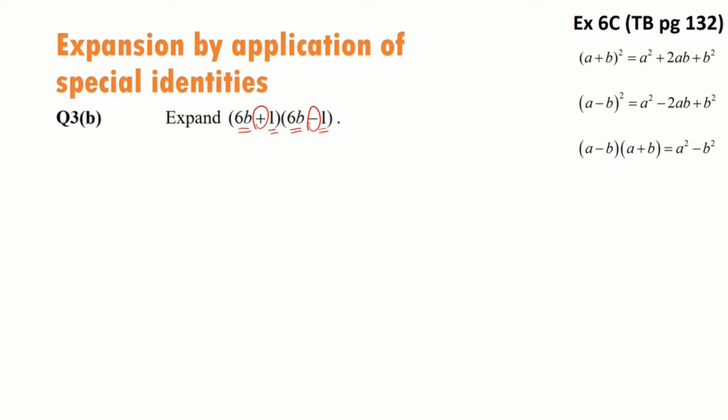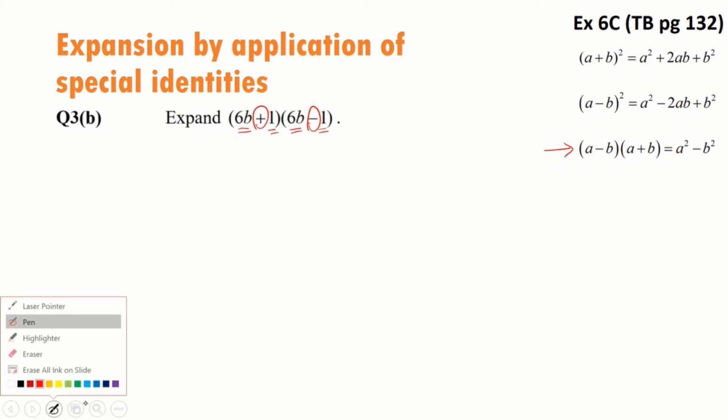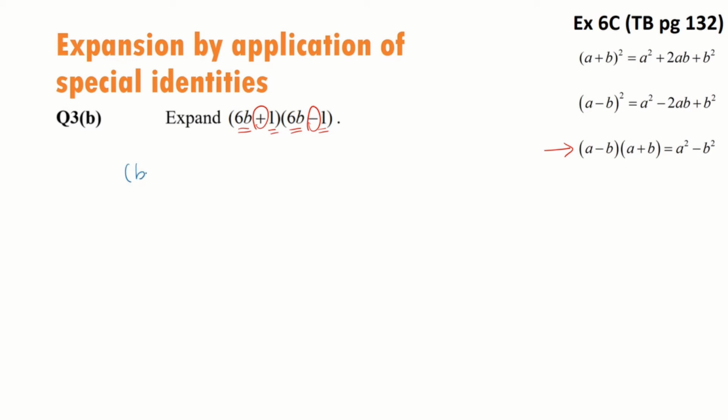So the identity that we will be using should be a minus b times a plus b equals a squared minus b squared. To apply it, we have 6b plus 1 and 6b minus 1. Drawing that comparison to the identity, we have a plus b, a minus b. So the a is my 6b and my b is 1. It matches up very nicely. There is no contradiction over here.